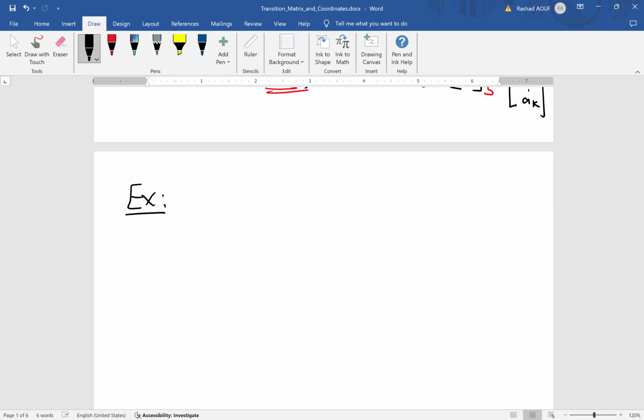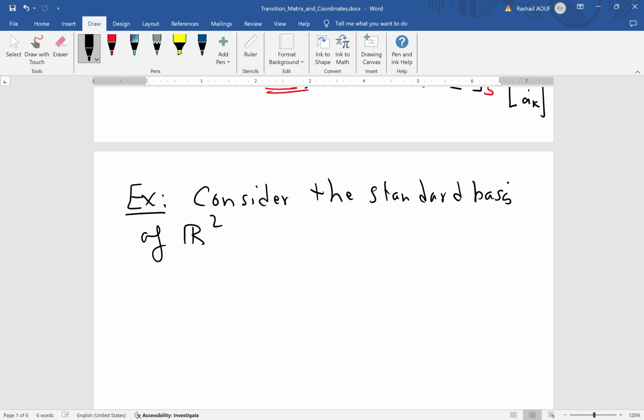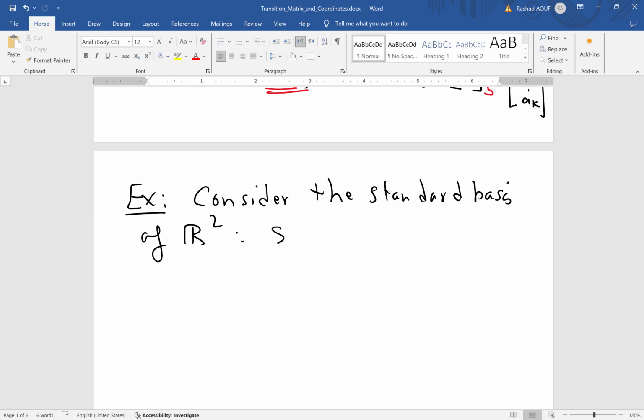Example. Let's consider the standard basis of R2, meaning two-dimensional. What is the standard basis? E1 and E2, where E1 is (1, 0) and E2 is (0, 1).